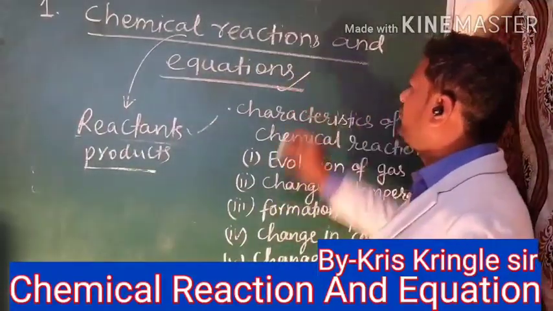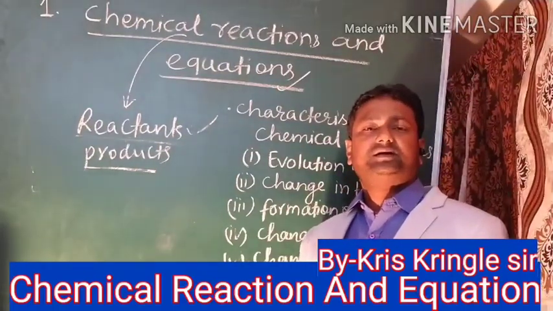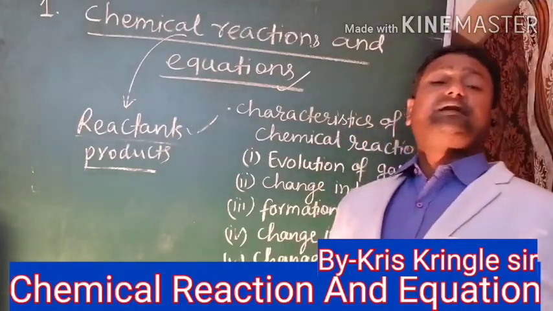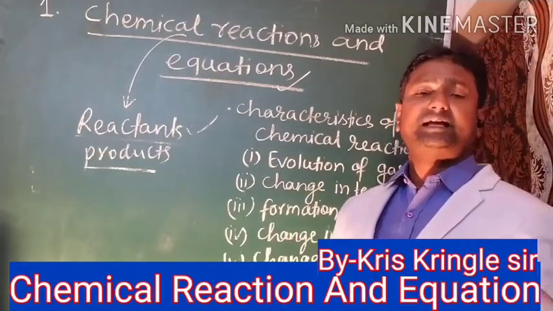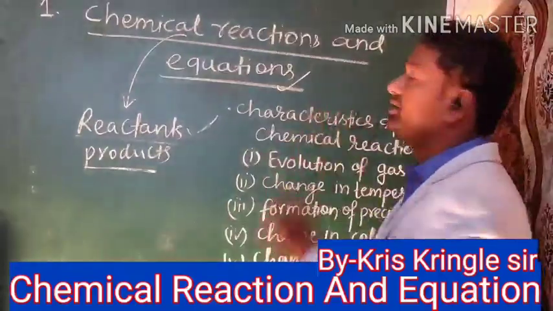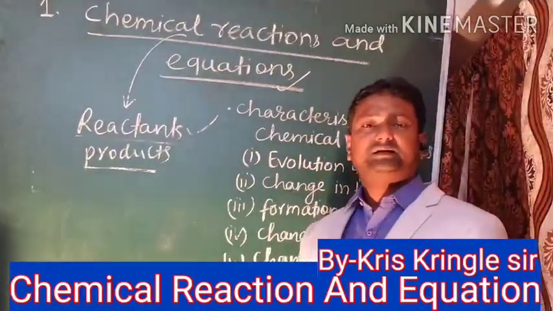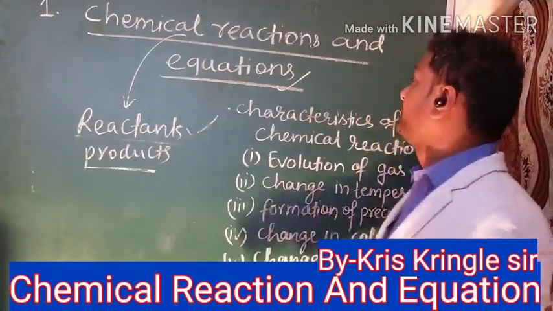Now, let us also understand what is chemical equation. The representation of a chemical reaction in terms of molecular formulas and symbols of the elements taking part in the chemical reaction is called a chemical equation. Again, listen carefully.